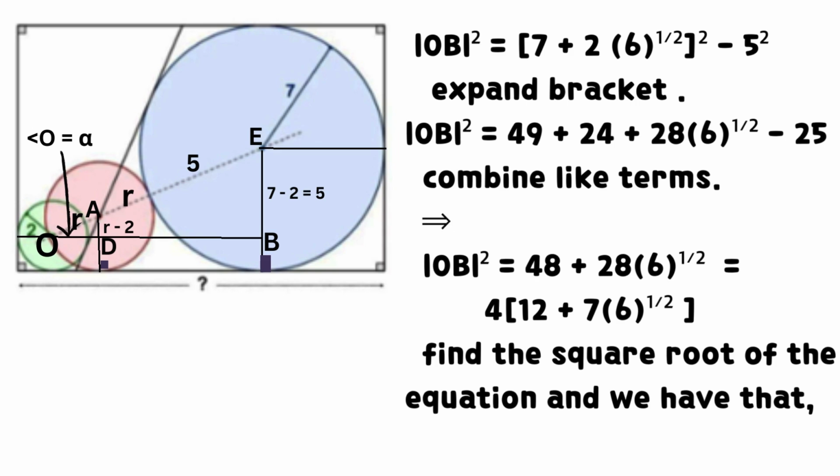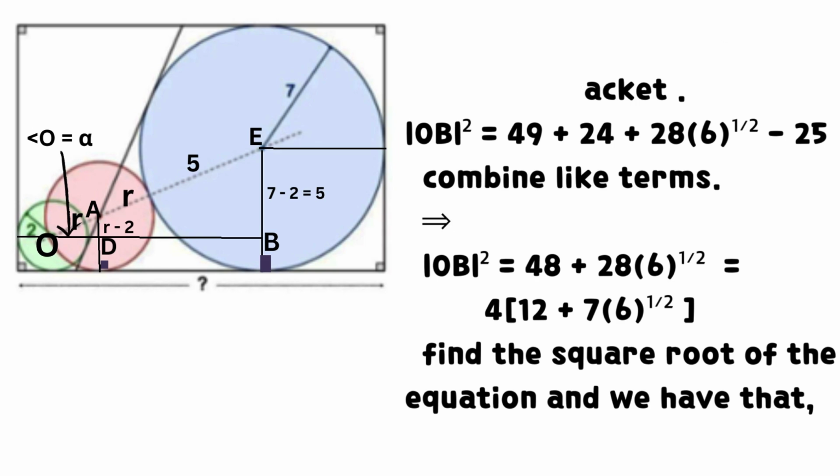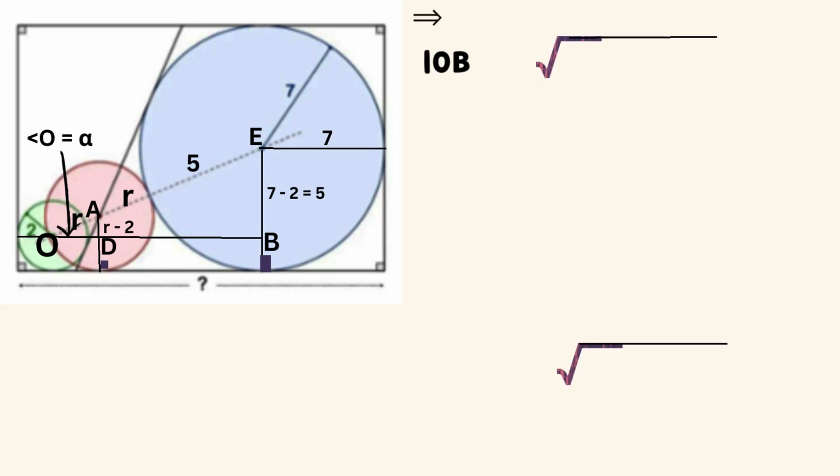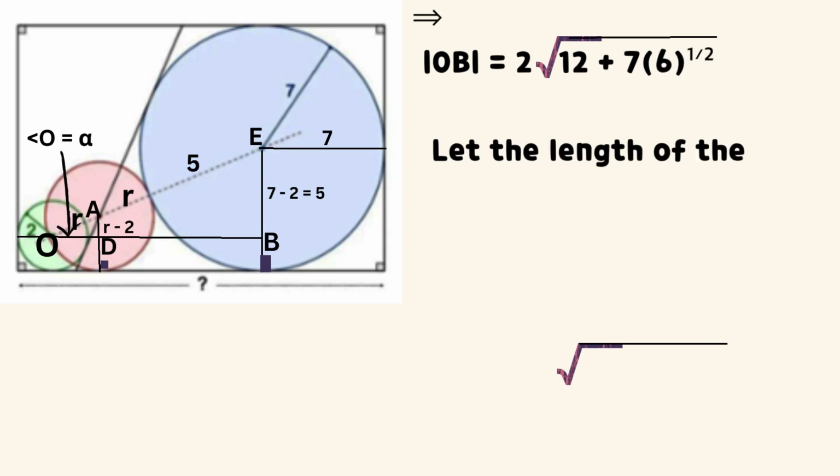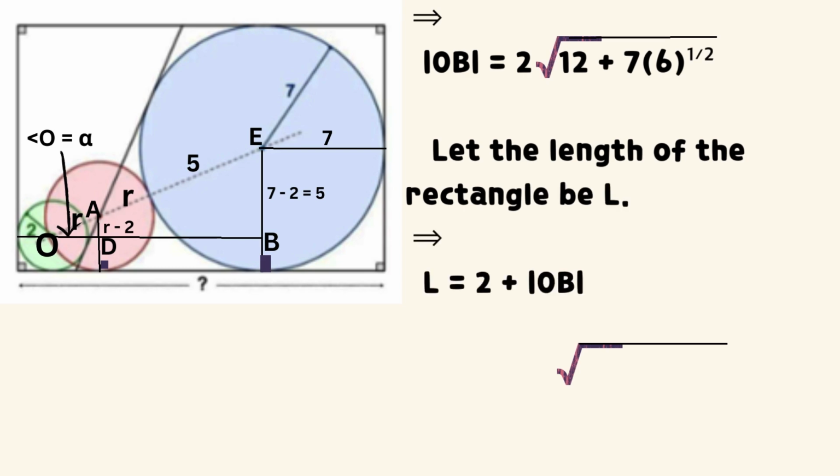Find the square root of the equation and we have that the length of line OB equals 2 times the square root of (12 plus 7 times the square root of 6).